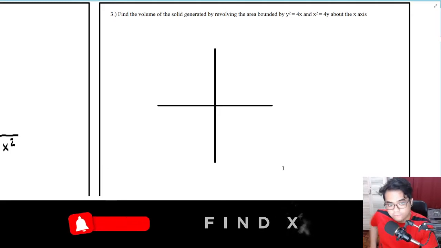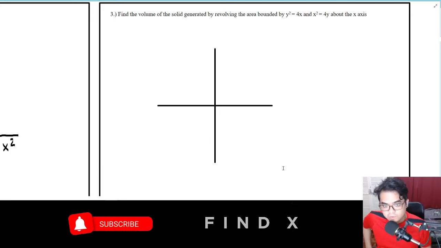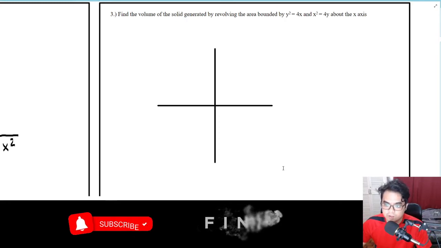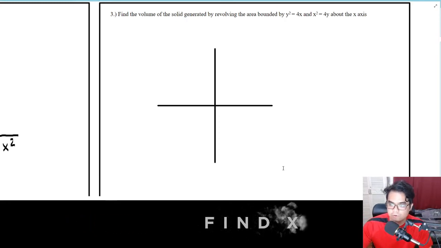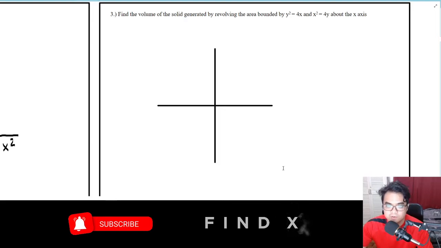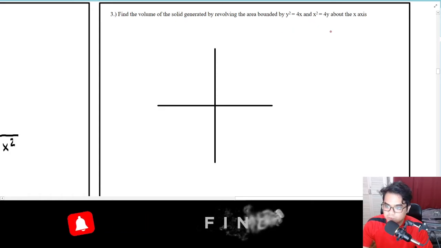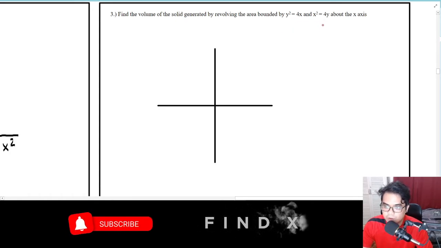Okay, so for number 3, find the volume of the solid generated by revolving the area bounded by y squared equal to 4x and x squared equal to 4y about the x-axis. Let's first try to draw these. You can see those are both parabolas.